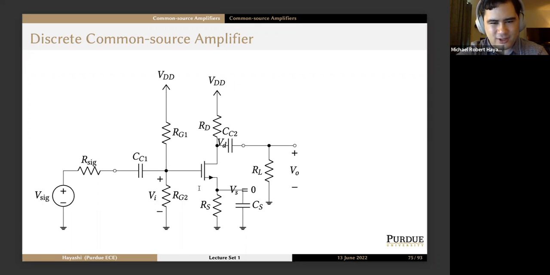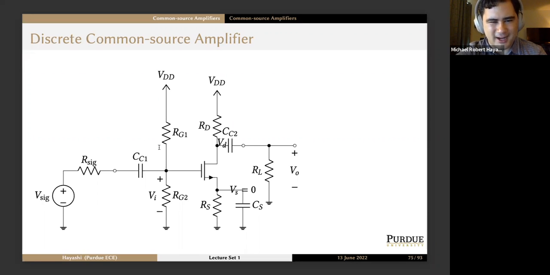We've got RG1, RG2, RD, and RS. And then we have another coupling capacitor, CC2, at the output that separates RL from affecting the biasing. And we're going to measure the output voltage right here across RL.